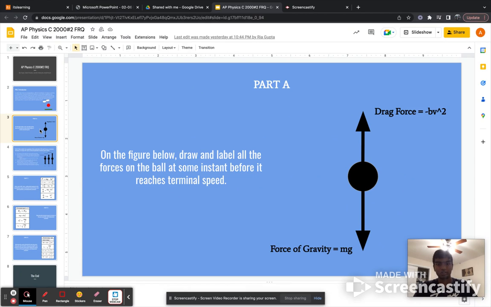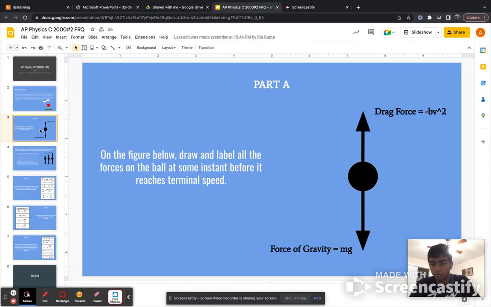On the figure below, draw and label all the forces on the ball at some instant before it reaches terminal speed. So we already know one force, which is gravity, right? Gravity is going to work on the ball, and F equals ma. In this case, the acceleration value is g, so the force of gravity is mg. And we're given that the drag force is negative bv squared. So that's going to oppose the motion of gravity.